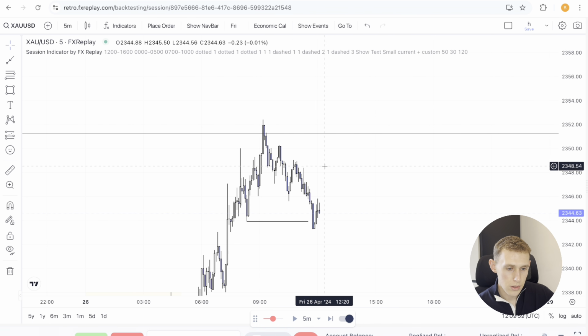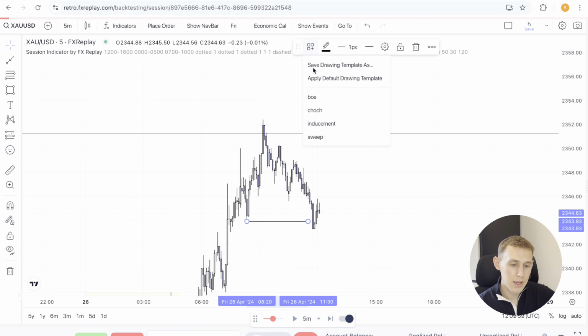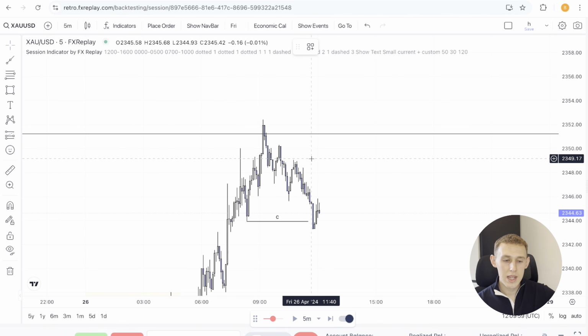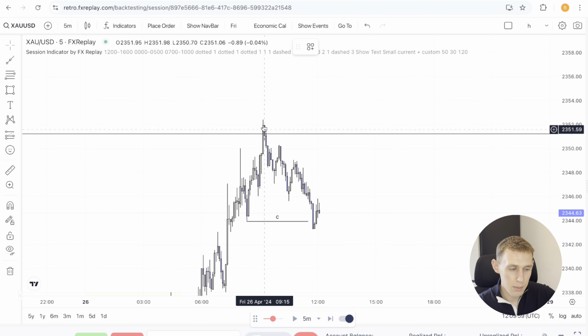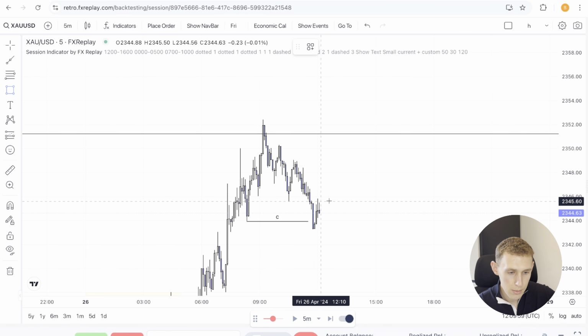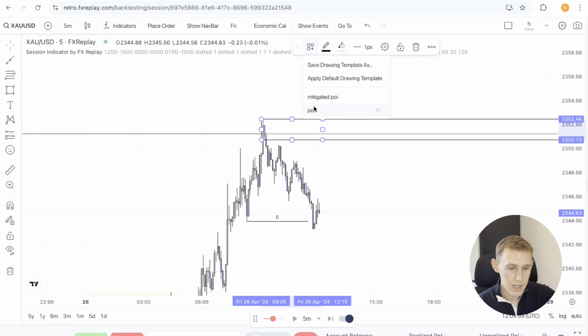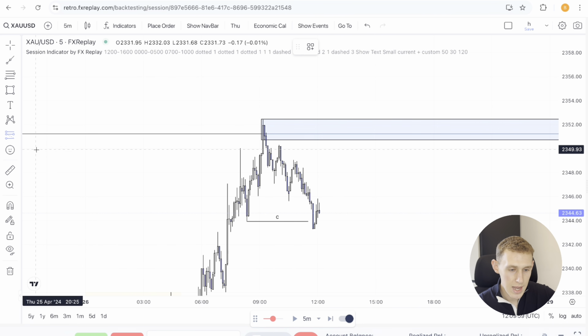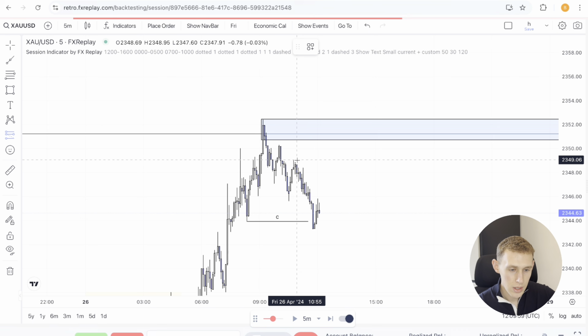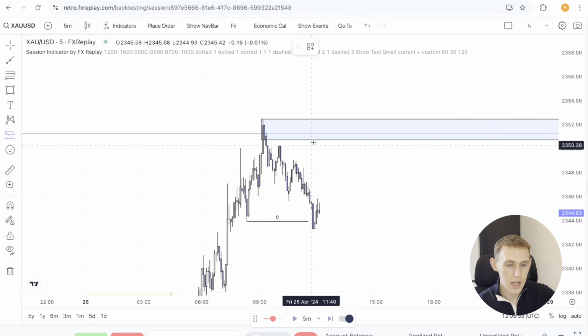So if I mark this on, every time I see this confirmation, I'm asking myself, inside this current range, where is there an area of imbalanced supply? In this case, I can only see this one at a premium of the range, or at the extreme of the range. And below that, there's not really any imbalanced supply. So this is the only valid one if price can come up into this.